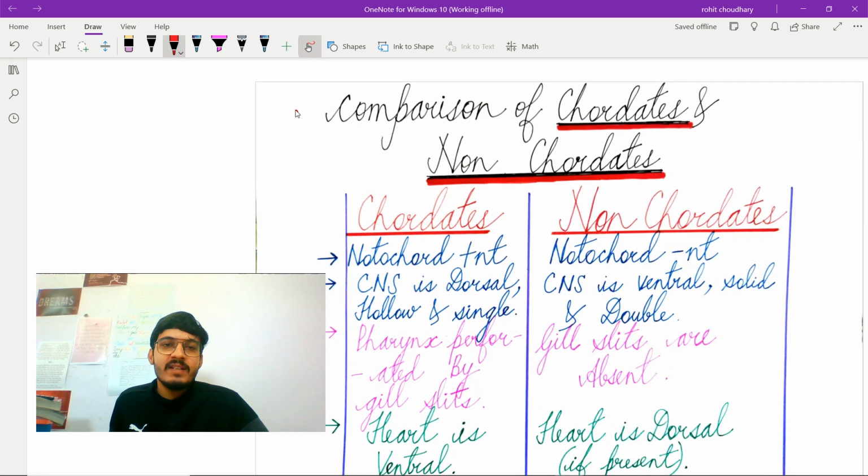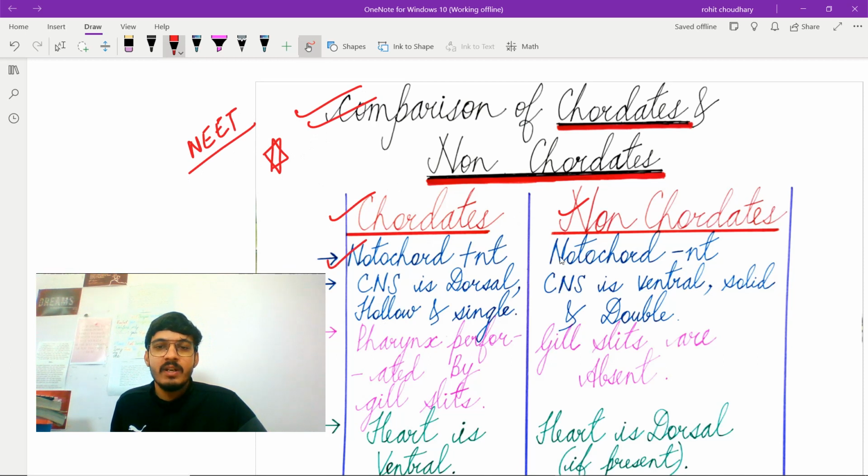Comparison of chordates and non-chordates. This is very important from the NEET point of view. Generally, 1 to 2 questions are asked from this. In chordates, the notochord is present, but in non-chordates, it is absent. In chordates, the central nervous system, the CNS, is dorsal, hollow and single, while in non-chordates it is ventral, solid and double.